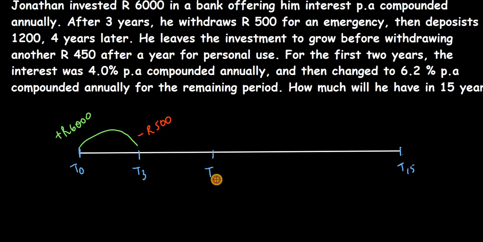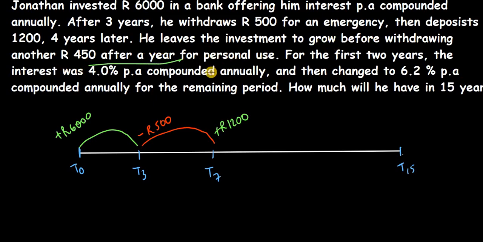Then he deposited 1,200 4 years later, meaning from T3 we have to add 4 years. We get here to around T7. That means this money was there from T3 to T7, right? So after that he deposited how much? 1,200. Then it was left, remember, it was left to grow.